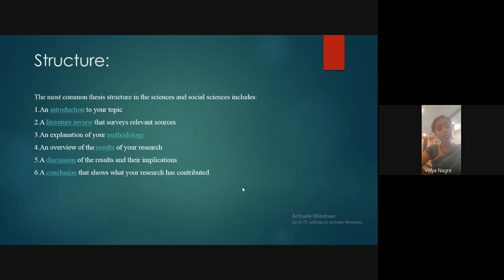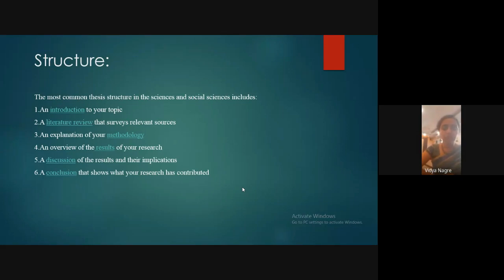So you can collect articles and research papers, and dissertations and theses are available on Shodhganga, or you can scroll through ResearchGate or Google Scholar, and you can get data from there. That also comes under library research. Whatever data you collect, you will analyze it and lead to your conclusion.